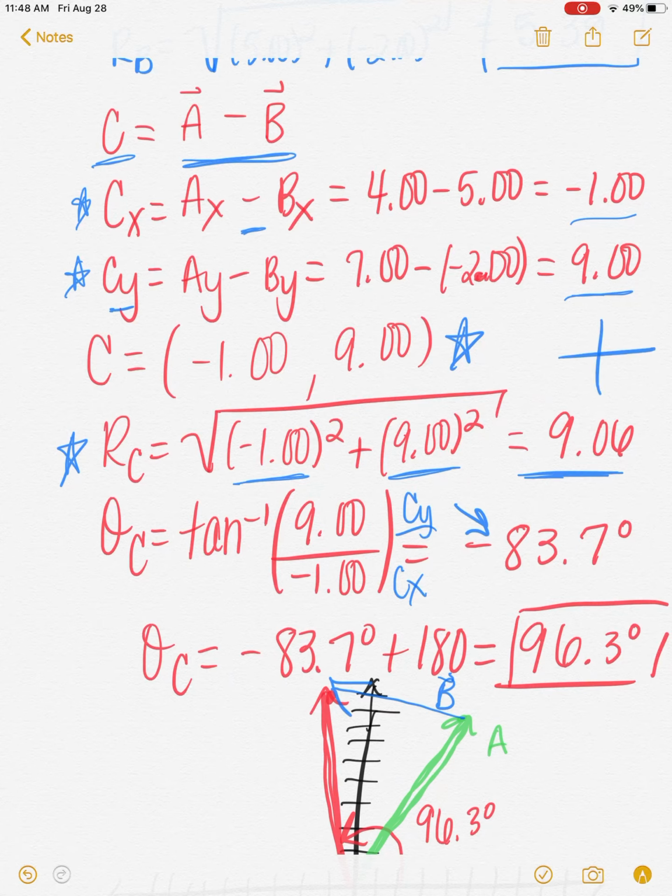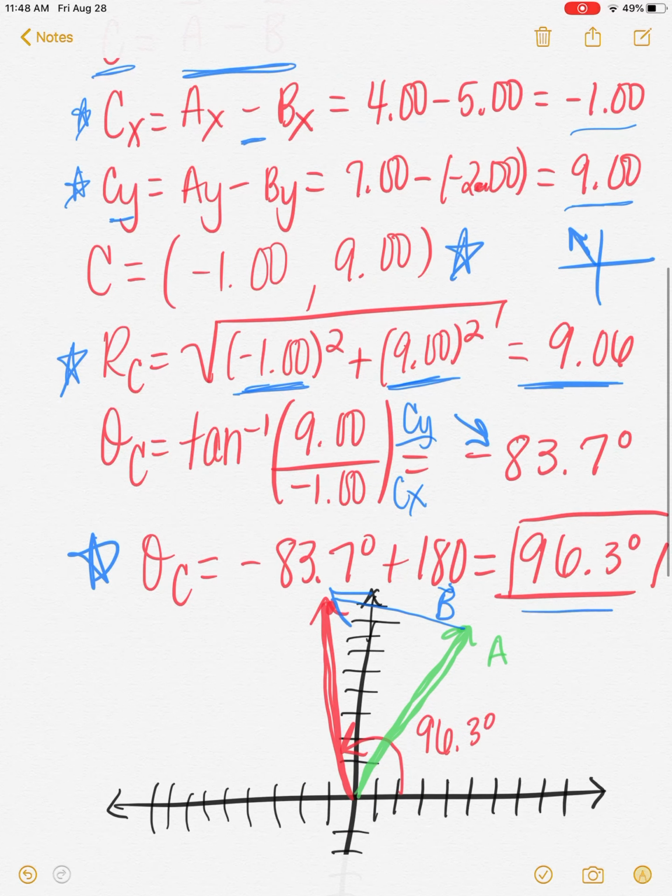Now remember, if you were to plot those points, since you got a negative 1 for the x and a positive 9 for the y, your vector is going to be over here in quadrant 2. So that's why we had to do this again. We need to take negative 83.7 degrees and add it on to 180, which gives you a theta of 96.3, which is the much better way to express it, because that's with respect to the unit circle or the positive x-axis.